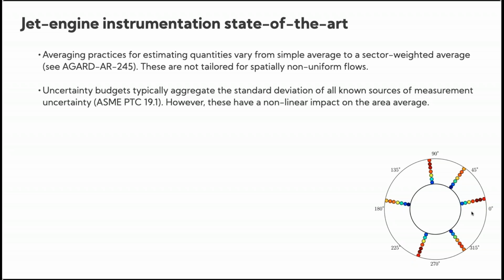So you sum up all your standard deviations, and then you sum up the correlations as well. Now, my issue with this, and I'll argue why, is that this doesn't account for the fact that a very small uncertainty measurement can have a massive impact on your area average. Because if you measure something incorrectly, your interpretation of the entire spatial field can be significantly off depending on how sensitive the field is to that measurement.